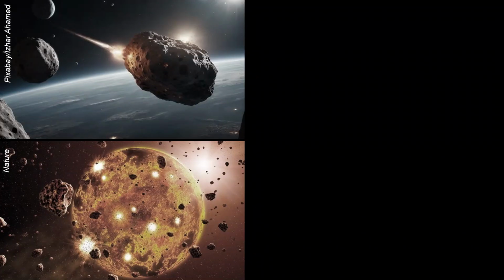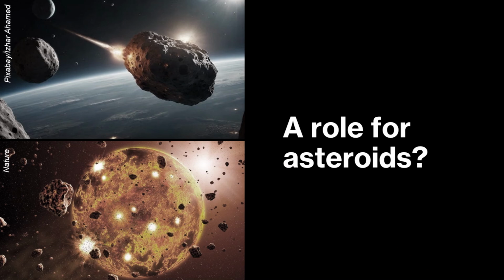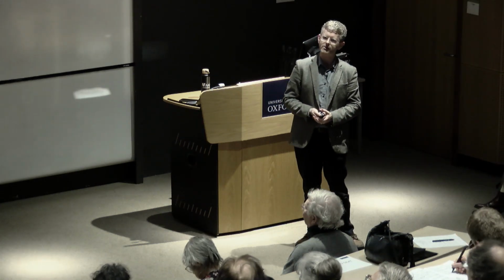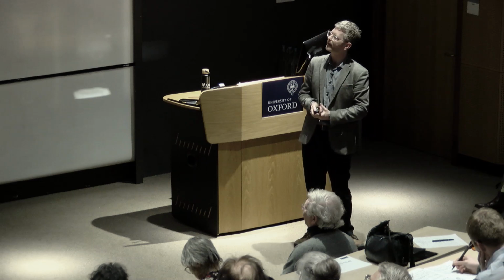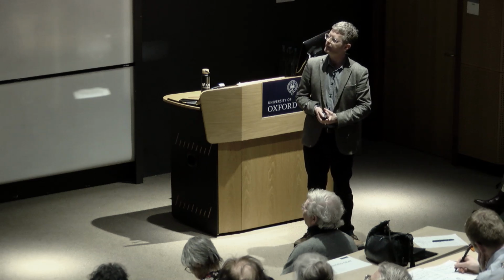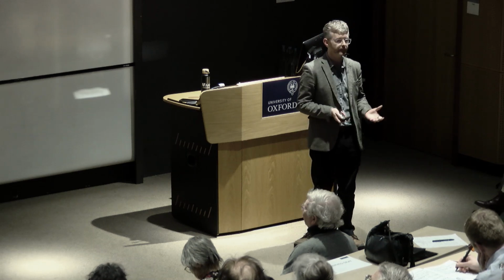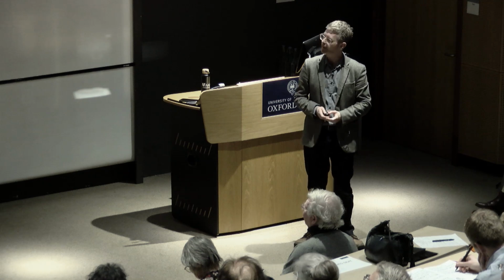Of course, we got to mention asteroids because these things are continually smashing into the system as it's trying to establish plate tectonics. And of course, asteroids, as we've already heard today, can lead to enhanced melting in the mantle through various mechanisms.